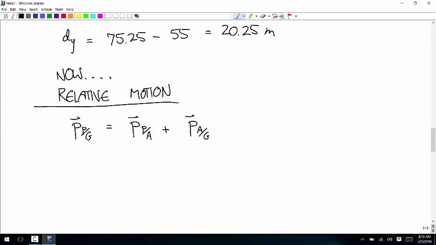Okay, so what do you think happens if you take time derivatives of everything in that equation? It still has to hold, right? It does. So what do you think you get? Yes. So you get the relative motion equation for velocity.